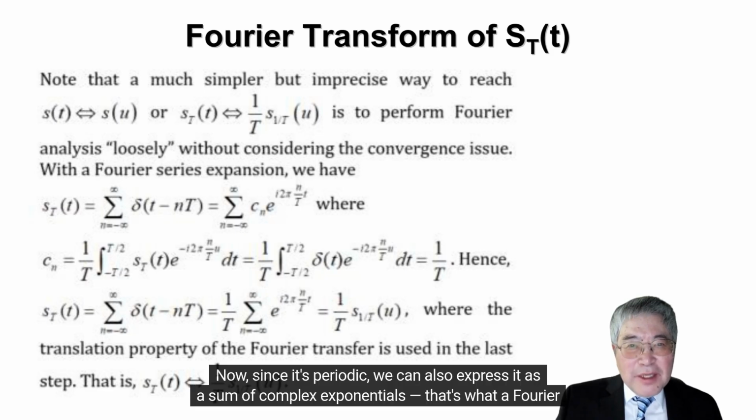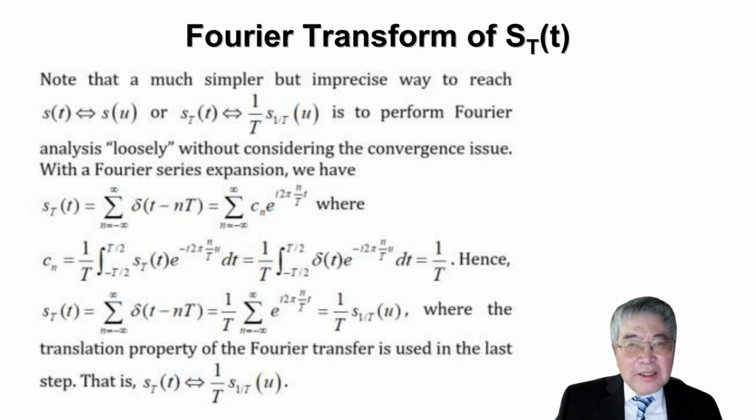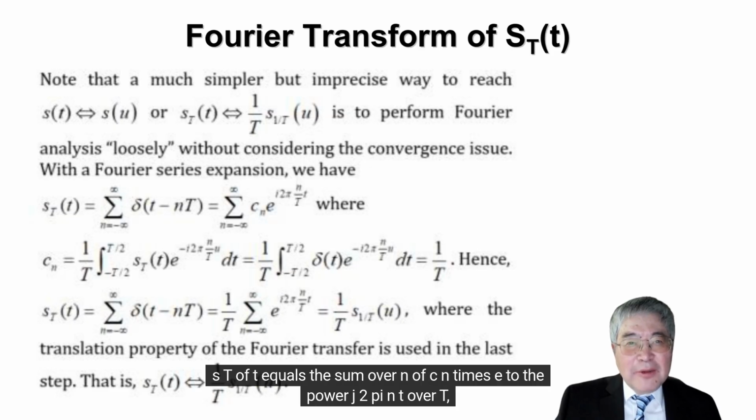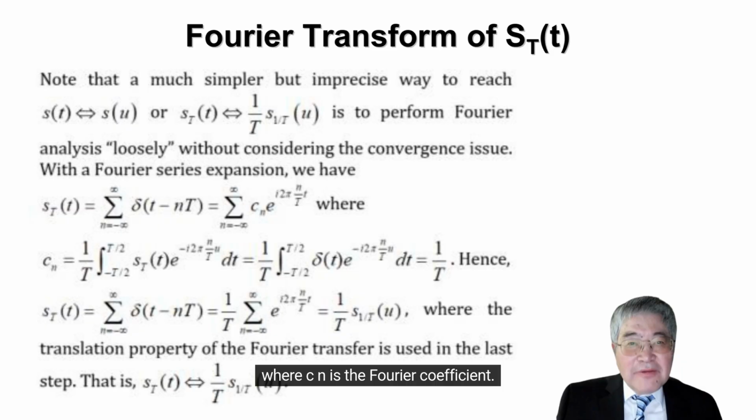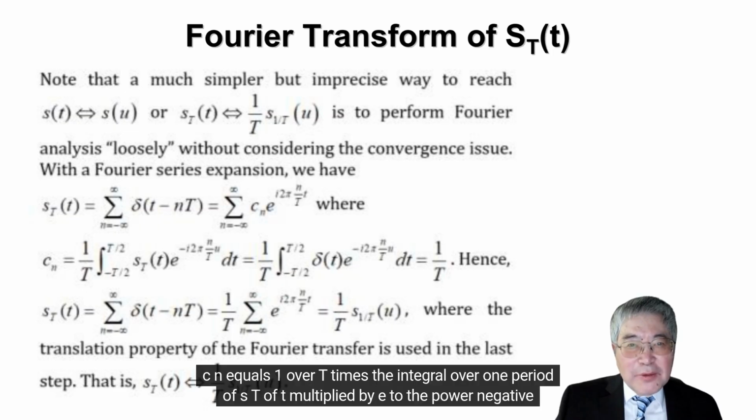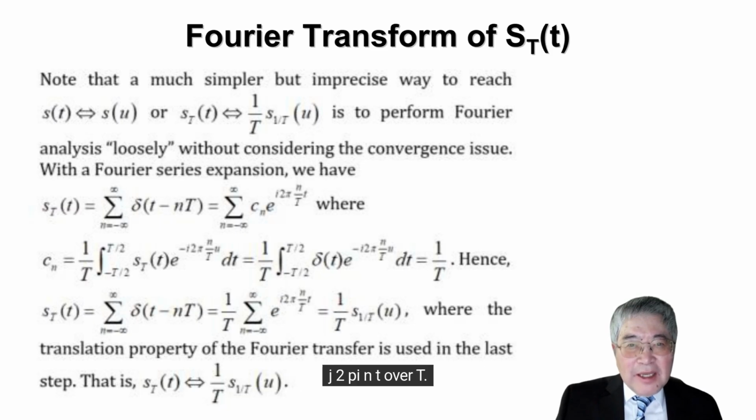Now, since it's periodic, we can also express it as a sum of complex exponentials. That's what a Fourier series does. So we write s_T(t) equals the sum over n of c_n times e to the power j2πnt over T, where c_n is the Fourier coefficient. To compute c_n, we take the standard approach. c_n equals 1 over T times the integral over one period of s_T(t) multiplied by e to the power negative j2πnt over T. But here's the trick.